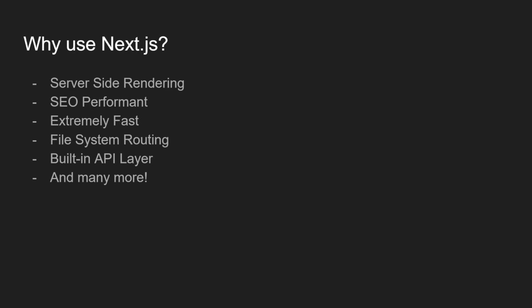But in short, when you have a page that is SEO performant, it will rank higher on search engines. Basically, search engines will be able to crawl through the web, they will be able to index your pages, and it'll rank your page higher compared to other pages, depending on lots of different factors. Okay, so if you want your page to appear higher on search engines, you want to make sure it is SEO performant. So this is really great if you're building blogging platforms, for example.